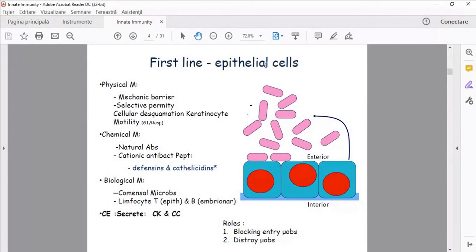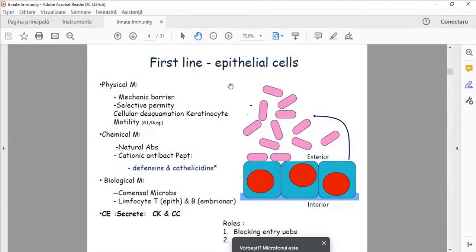The main entrance gates for all microbes are the skin and mucosae belonging to the gastrointestinal tract, respiratory tract, and urogenital tract. All of them have the following aspects in common.